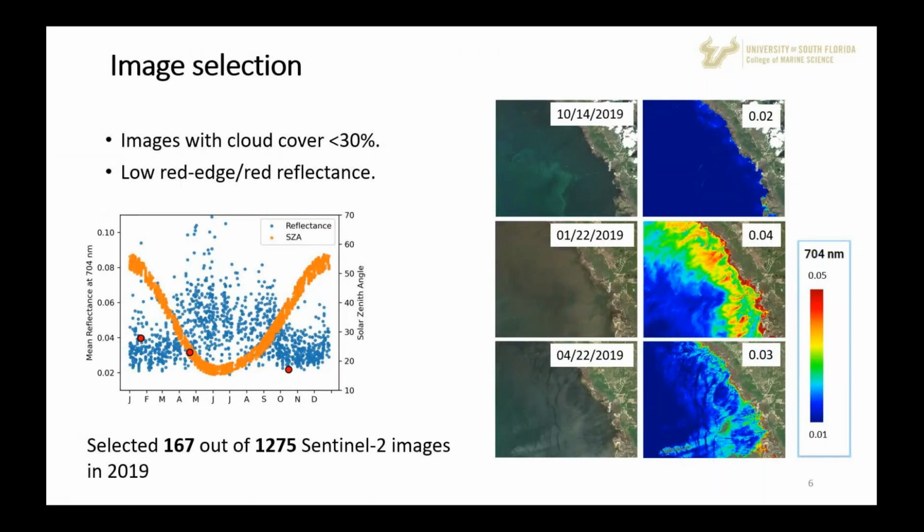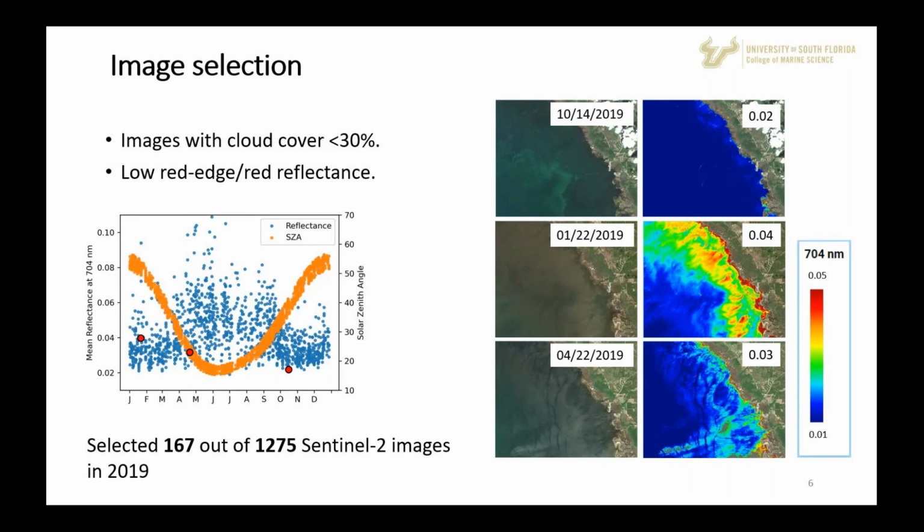So the red dots in the plot represent the three images to the right. So we can see how the reflectance at 704 nanometers looks like in clear waters with some seagrass there. And also we can see how it looks in waters of high turbidity and waters with sun glint. So in those images, we cannot see anything below the water surface. So we just discard those images because they are not useful for seagrass mapping.